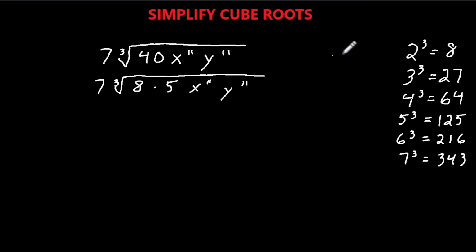Well, the 8 comes out, the cube root of 8 is a 2, so I bring out the 2, 2 times 7 is 14. Then I have the cube root of 5, and then x to the 11th and y to the 11th.